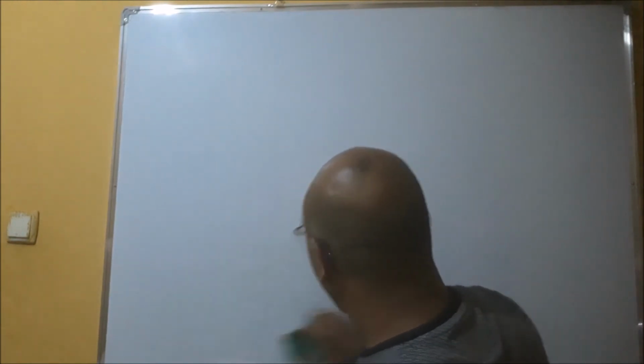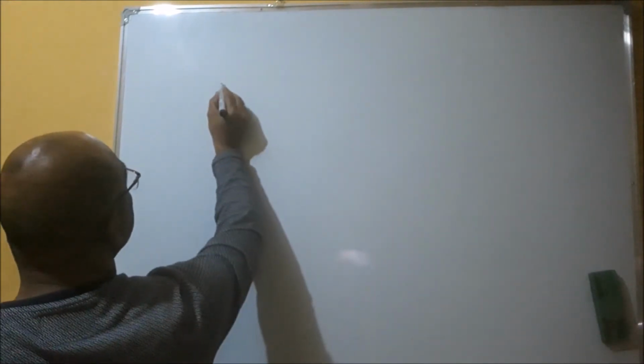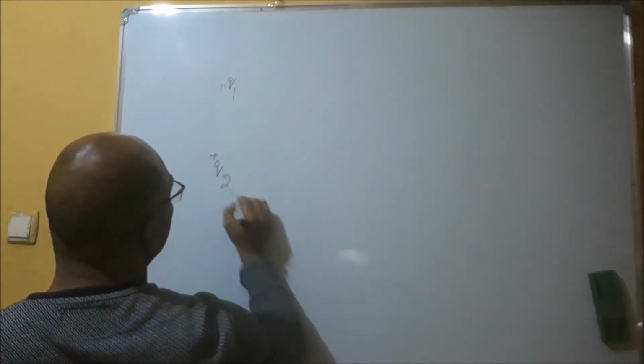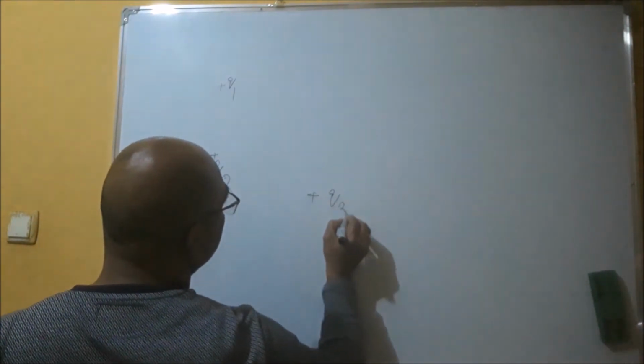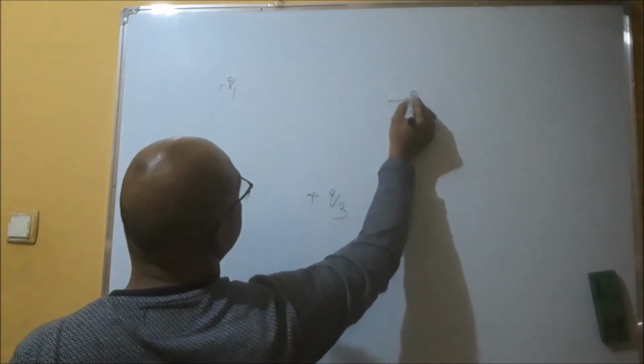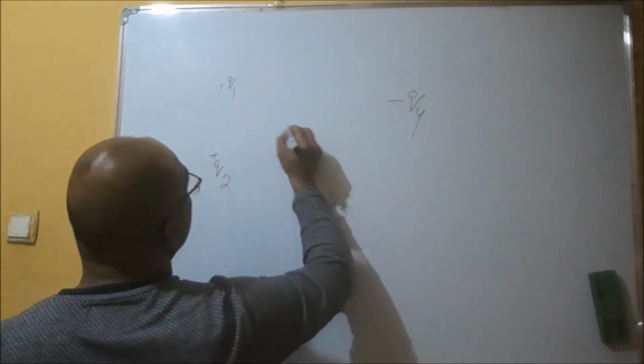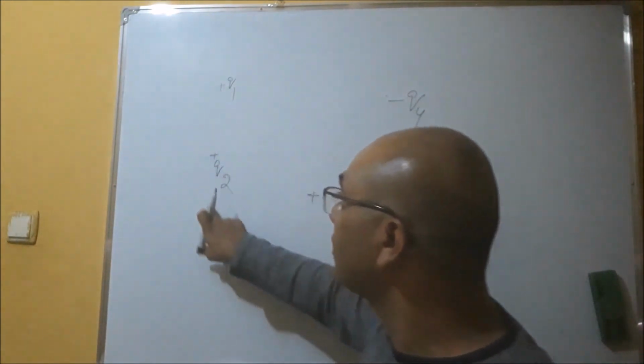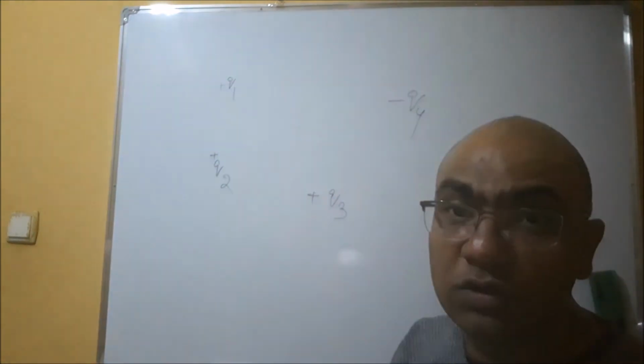Suppose I have plus Q1, Q2, Q3, and minus Q4. So these are the four sources. The source charges are Q1, Q2, Q3, Q4.